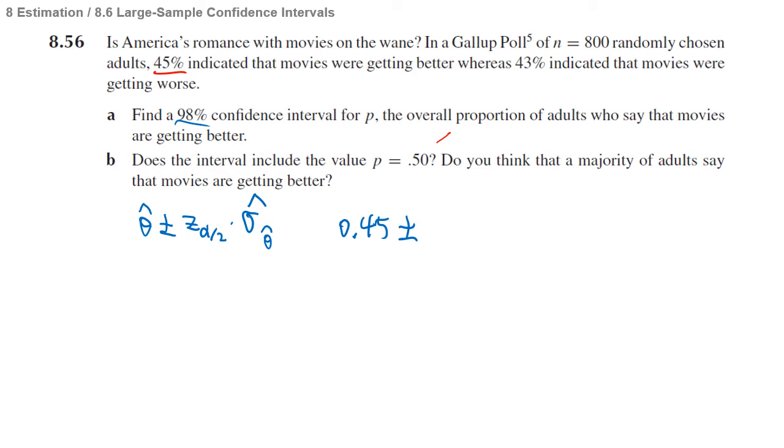Here alpha is 0.02, so z 0.01 times sigma hat, which is the square root of p hat q hat over n: 0.45 times 0.55 divided by 800.